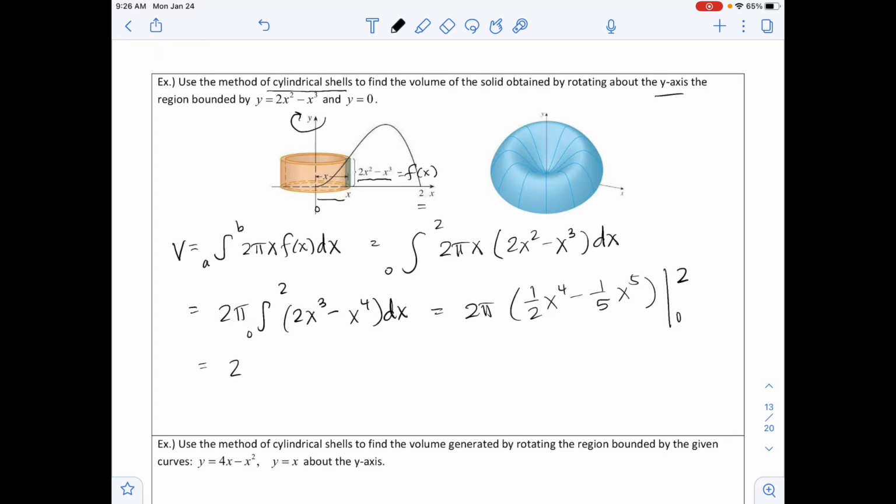Substituting in 2, we have 1/2 times 2 to the 4th minus 1/5 times 2 to the 5th, minus, and then substituting in 0, we just get 0. Working this out, we end up with 16 pi over 5.